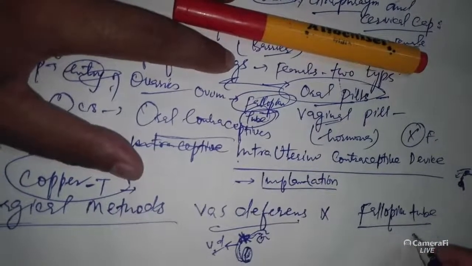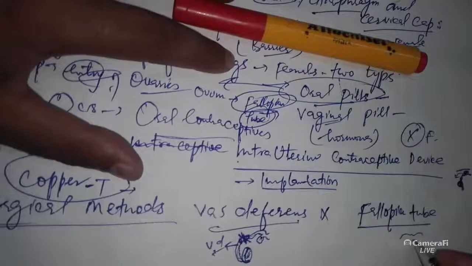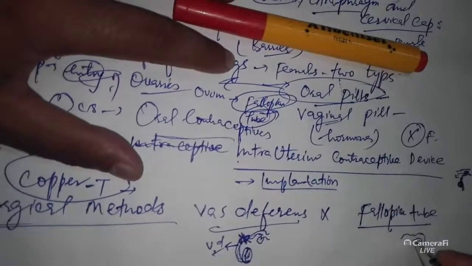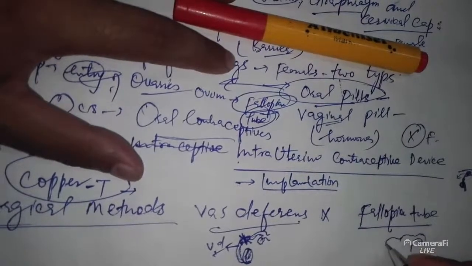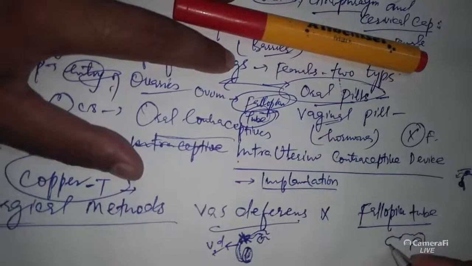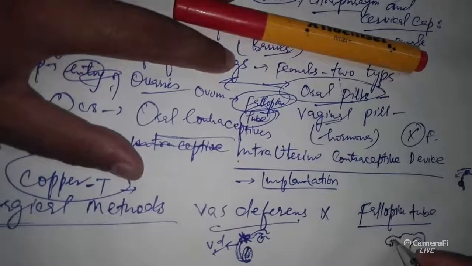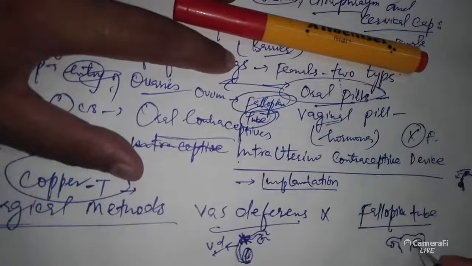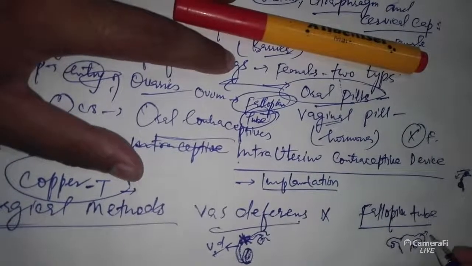In the fallopian tube also, suppose this is an ovary. From the ovary the egg will come. This is the fallopian tube, FT.